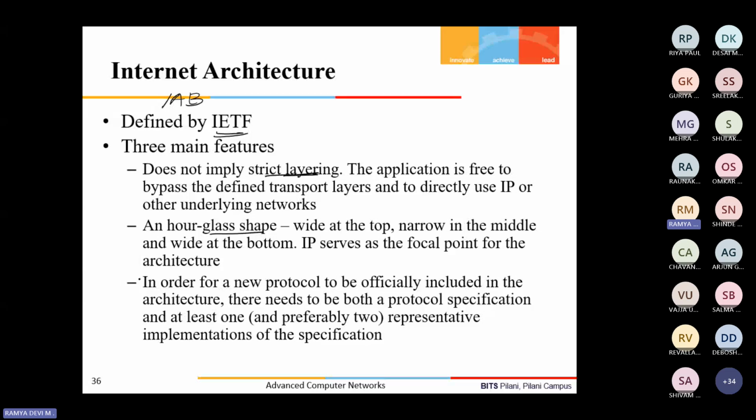If a new protocol has to be included, there should be a protocol specification, and the implementation of the specification has to be represented so that it can officially be added into the architecture. Those constraints are given by the IETF: the specific requirements, specifications, and how it is implemented.